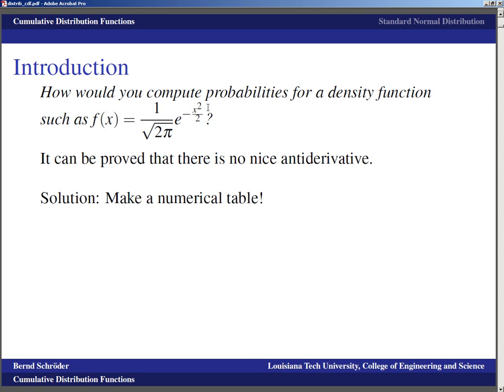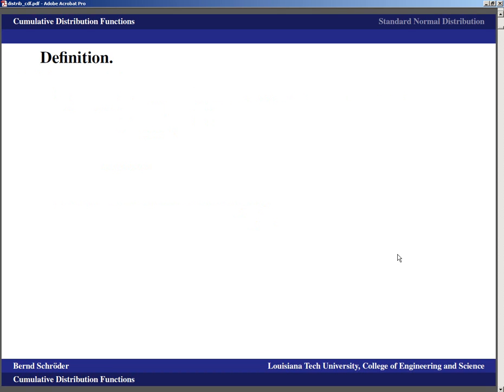This is not just limited to the standard normal distribution, even though it is a very important distribution in statistics. There are quite a few other distributions that have real applications and for which we just can't find a nice antiderivative. So these kinds of tables of cumulative distribution functions are therefore rather common in statistics.